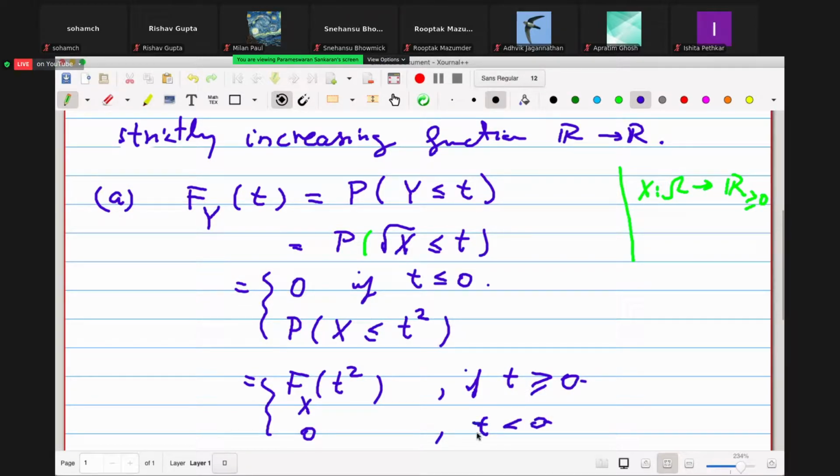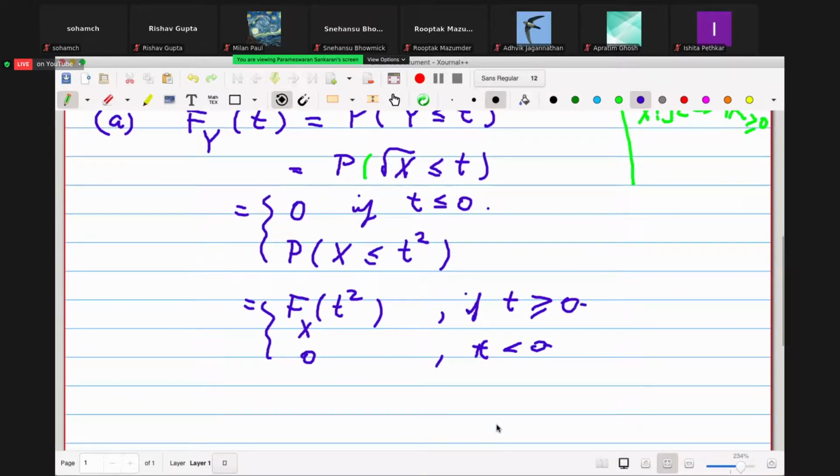Sorry, I changed the order in which it is written. It is wrong to just write F_X of t square and put a full stop, because t square is positive even if t is less than 0, so better to write this condition explicitly.